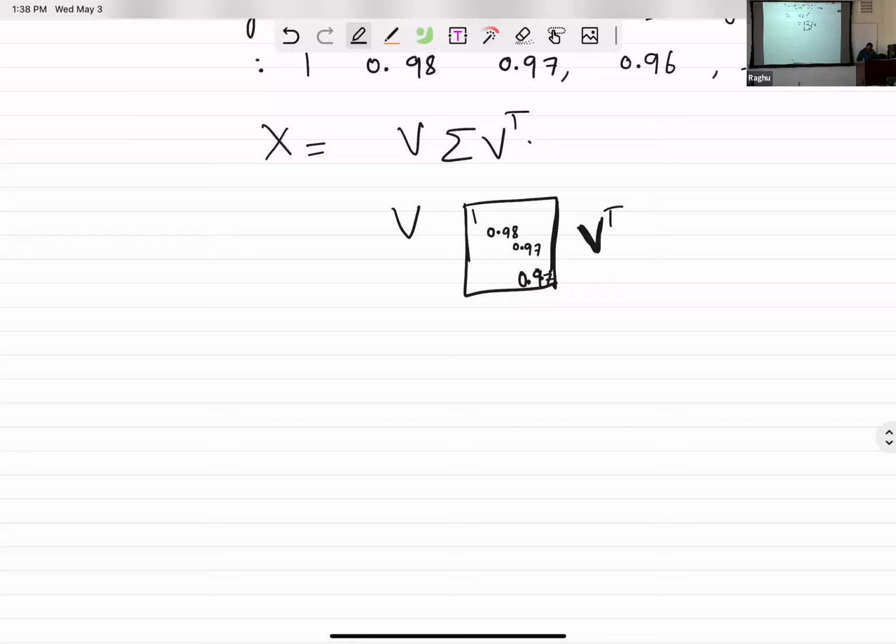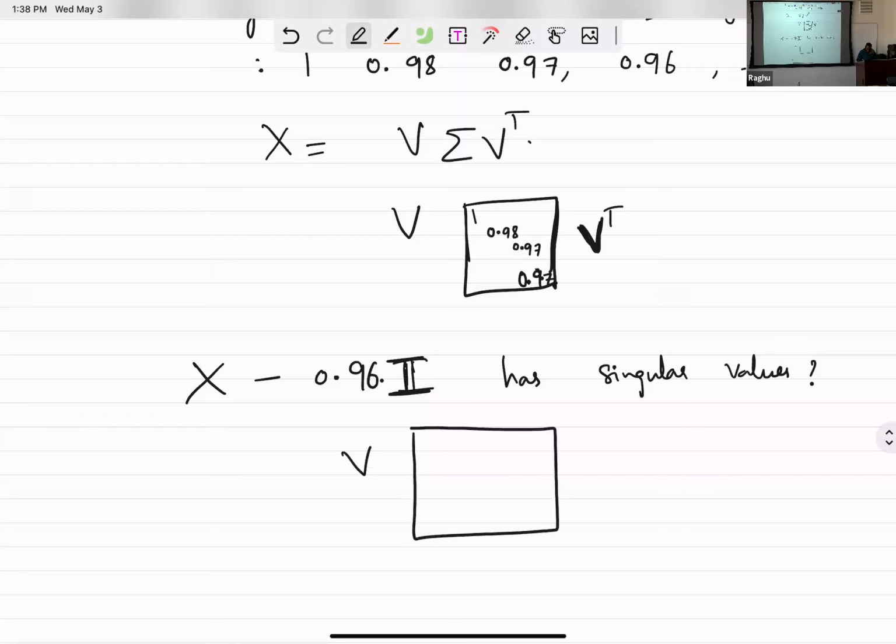If I look at the matrix X minus 0.96 times the identity, I'm subtracting a multiple of the identity from this matrix X. What are its singular values? Take a guess. Exactly, right? So you're subtracting identity. Identity is the nicest matrix.